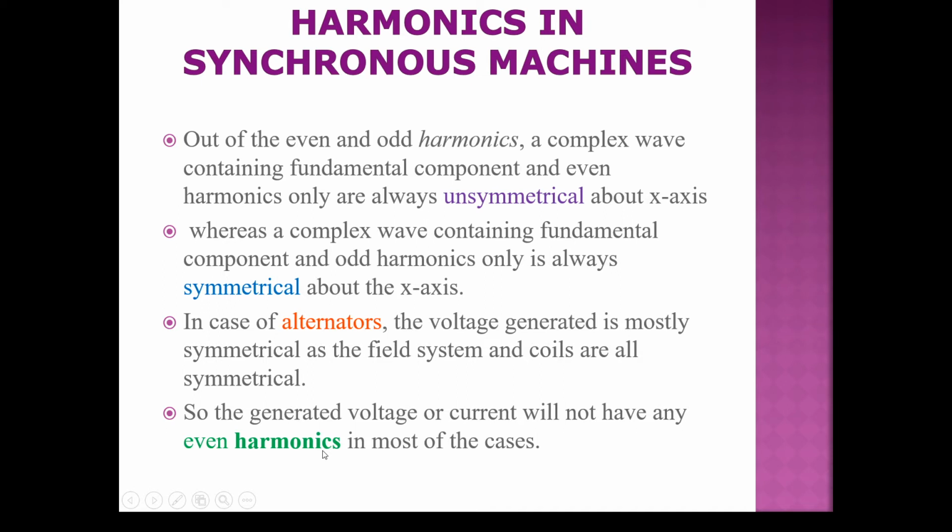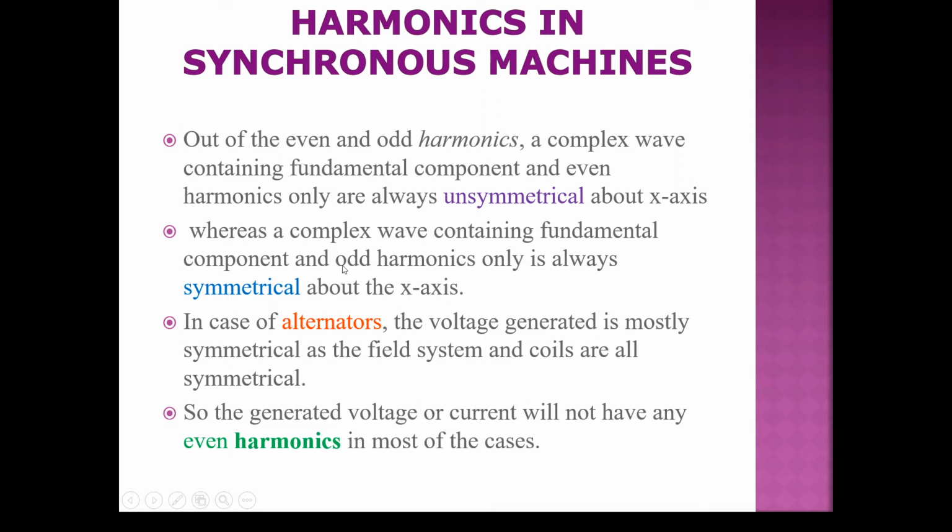Out of even and odd harmonics, a complex wave containing the fundamental component and even harmonics only is always unsymmetrical about the x-axis, whereas a complex wave containing the fundamental component and odd harmonics only is always symmetrical.